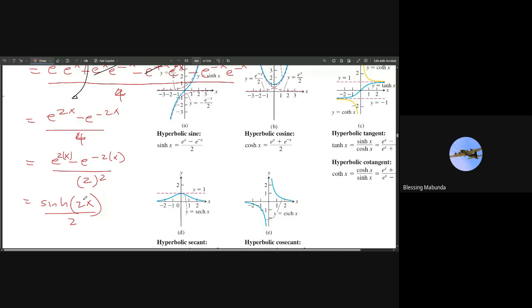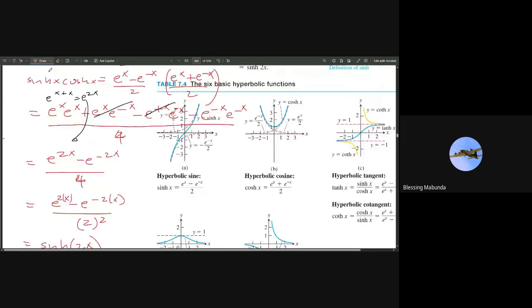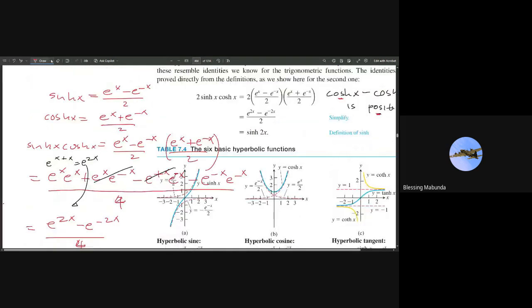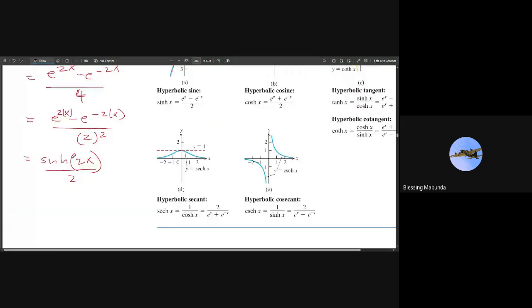So now, if you want to simply have sinh 2x, that means that you will then have to multiply this entire thing by 2. You will say multiply that by 2 so that finally, when you arrive at the stage here, you can say 2, and these 2 will cancel out so that you have sinh 2x like that.